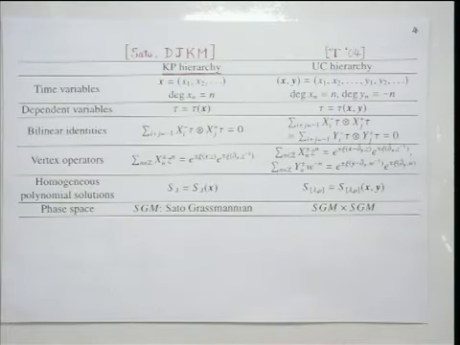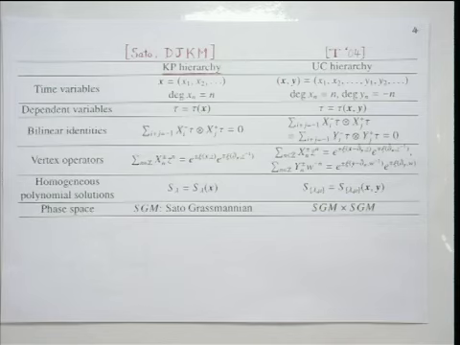So now I'd like to make a brief review on the KP hierarchy and the UC hierarchy. The KP hierarchy is very well known, and so I'd like to show what the UC hierarchy is by comparing with the original KP hierarchy. The UC hierarchy is a natural extension of the KP hierarchy in some sense.